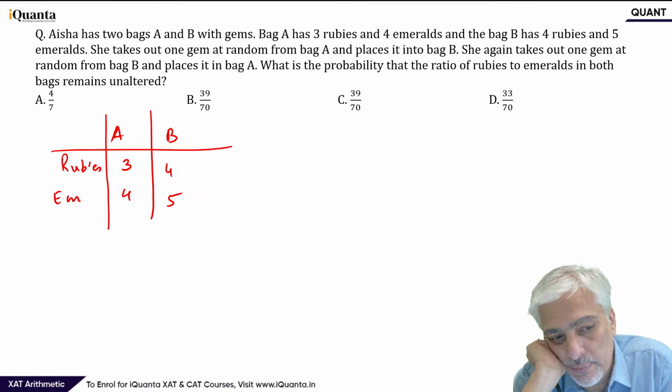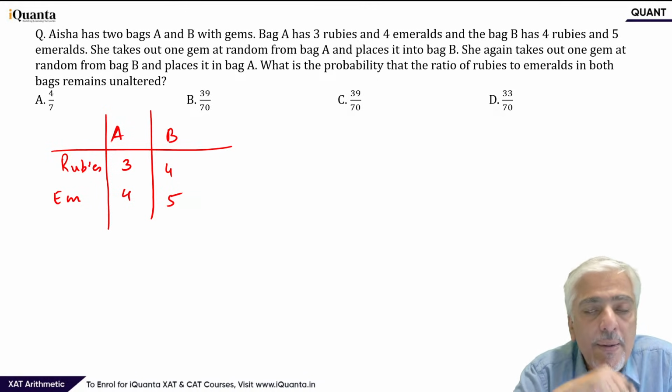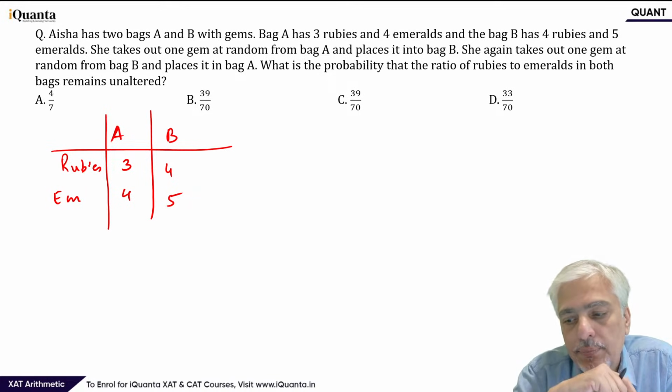चलो देखो क्या होता है, सोचो. रेशियो अनऑल्टर्ड करने का एक ही तरीका है इसमें. What will that be? If a ruby is transferred, a ruby has to come back, and if an emerald is transferred, an emerald has to come back. पे अटेंशन, आई रिपीट.